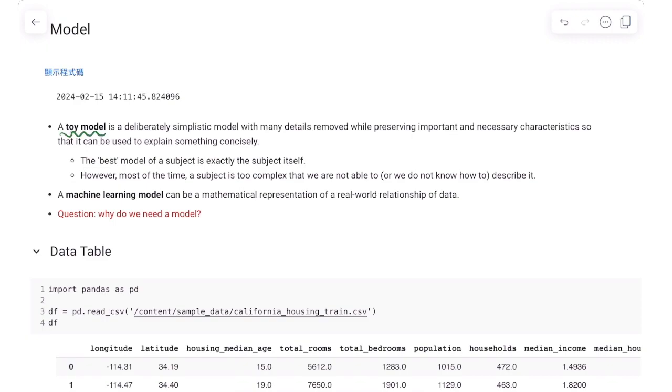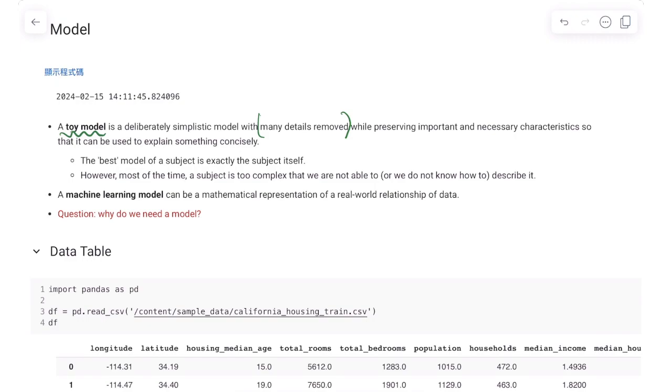A toy model is a deliberately simplified model with many details removed. Because a real car, for example, is too big, you cannot take it to your room, right? So sometimes we need a more simplified model to describe the subject we would like to analyze.